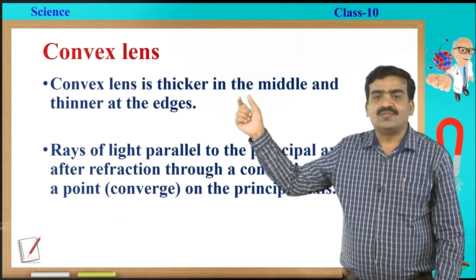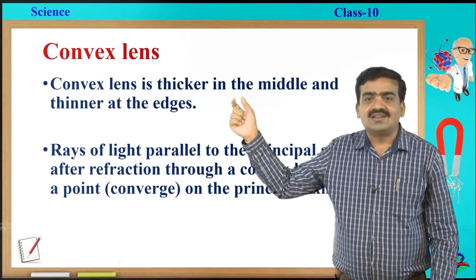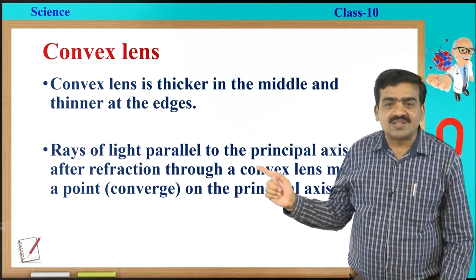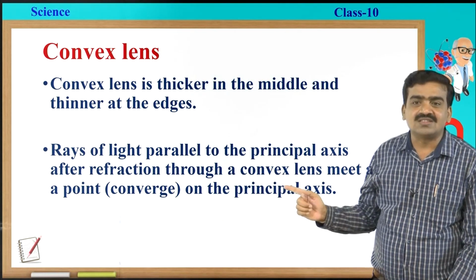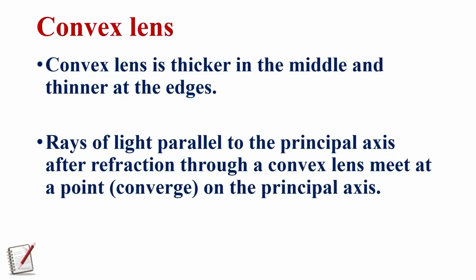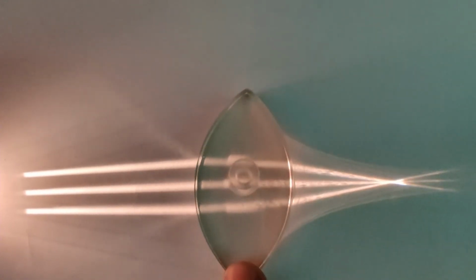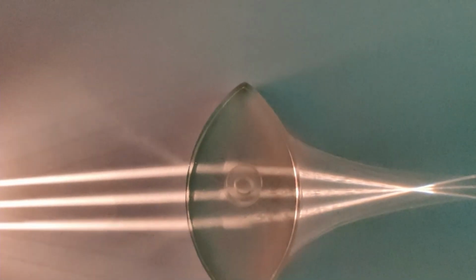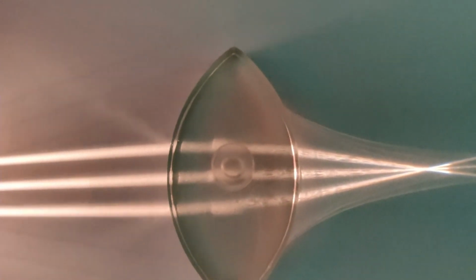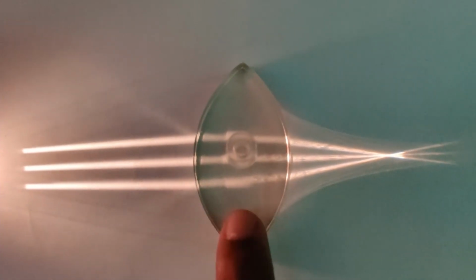A ray of light parallel to the principal axis, after refraction through a convex lens, meets at a point, that is, it is going to converge on the principal axis. Here the convex lens is thicker at the center and thinner at the edge, and these lenses are going to converge the rays of light.